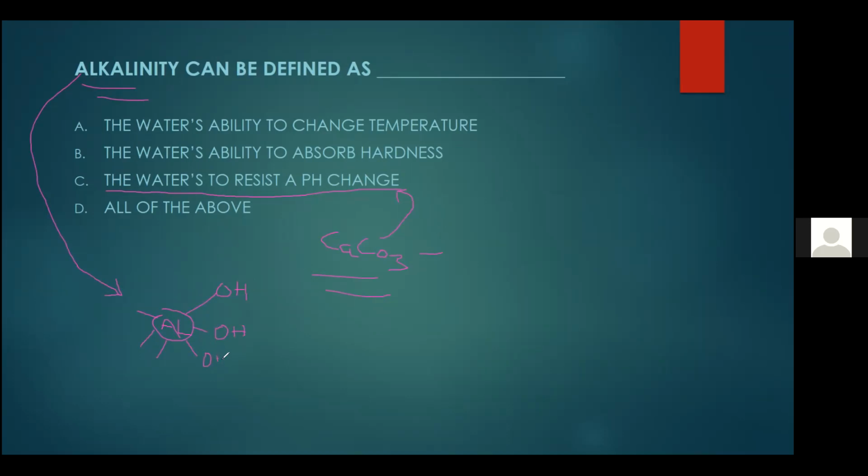And I have to use 6 of these up. There's my calcium carbonates. If the calcium carbonate's in the water, it has to join up to all these arms to make this coagulant work. So you remove it from the water.